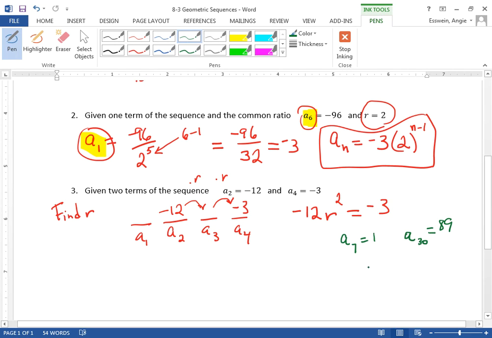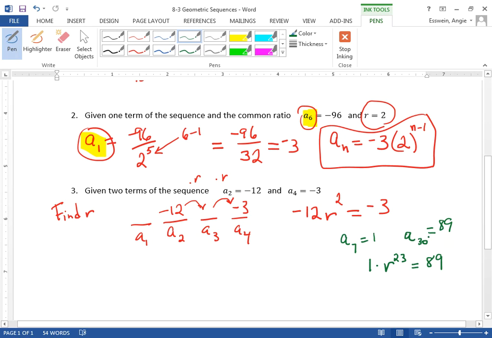So you would say 1 times r, how many times? 30 minus 7, right? r to the 23 equals 89. So this would be our common ratio. It would be the 23rd root of 89, because I just made this up.